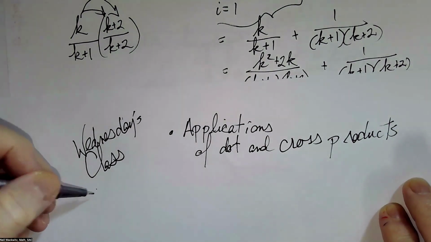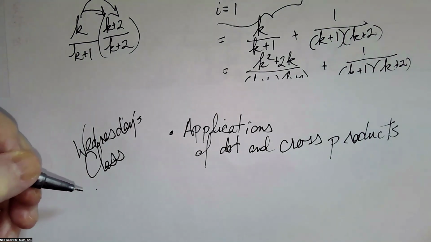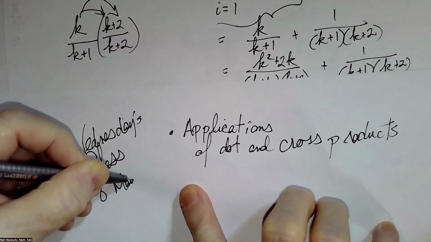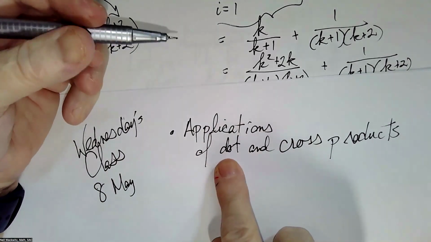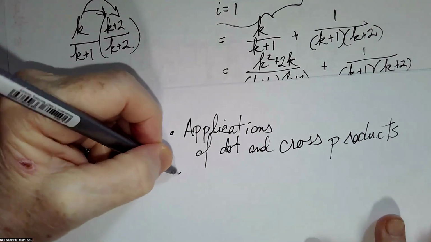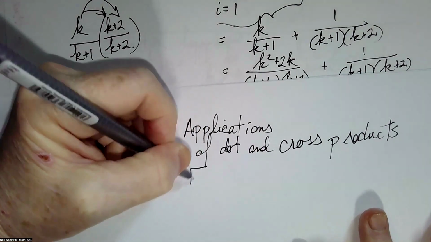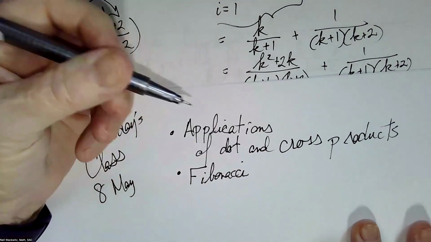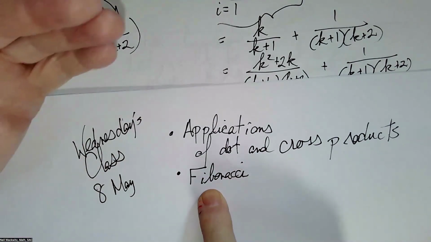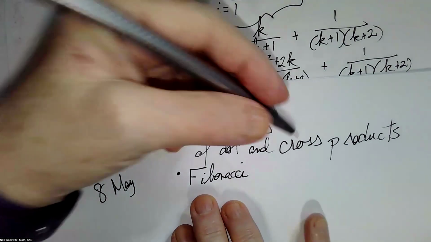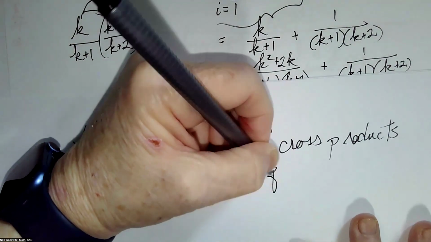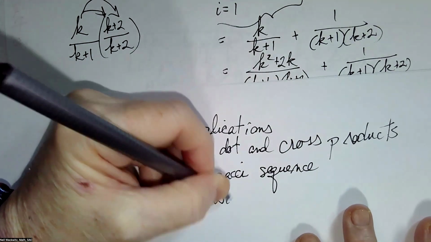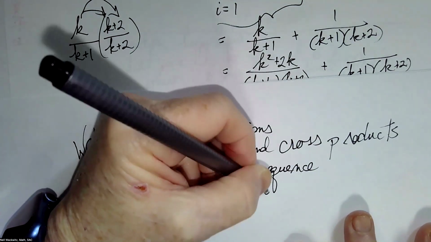Okay, so this is the 8th now. We're going to look at applications of dot and cross products. We're going to look at the Fibonacci sequence with mathematical induction.